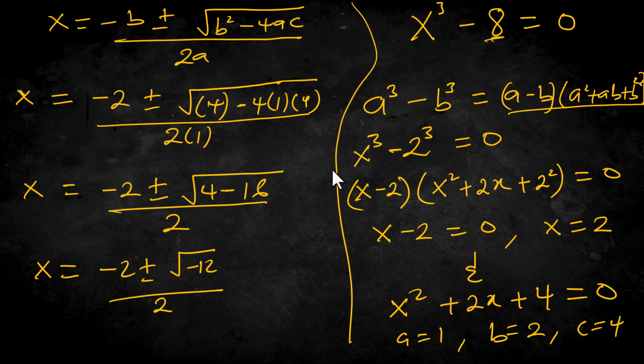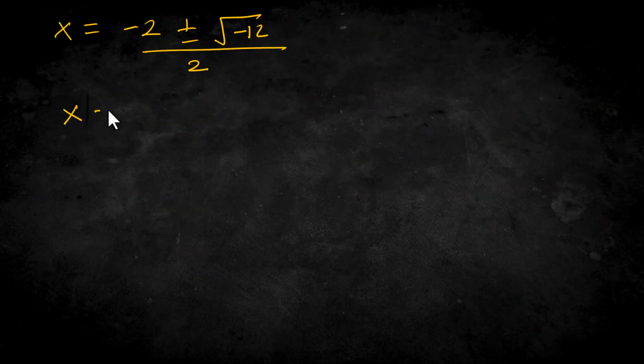All right, now we can adjust this one. So minus 2 plus or minus the square root of minus 1 times 12, over 2.